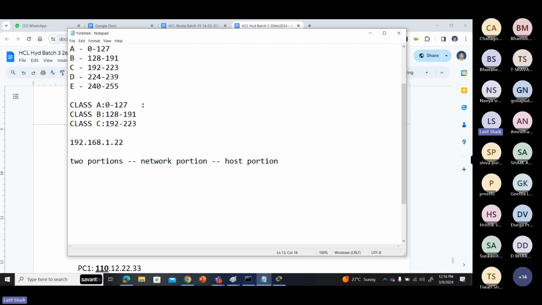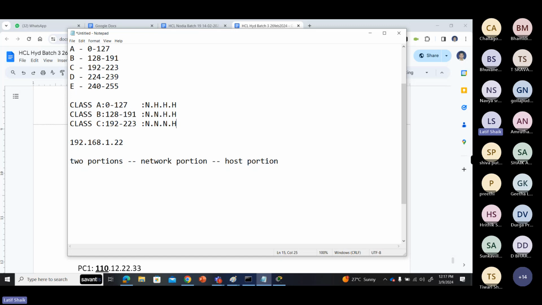If you take a class A IP address, the very first portion is the network portion and the remaining is the host portion. If you take class B, the first two portions are the network portion and the remaining is the host portion. In class C, the first three portions are the network portion and the last portion is the host portion.